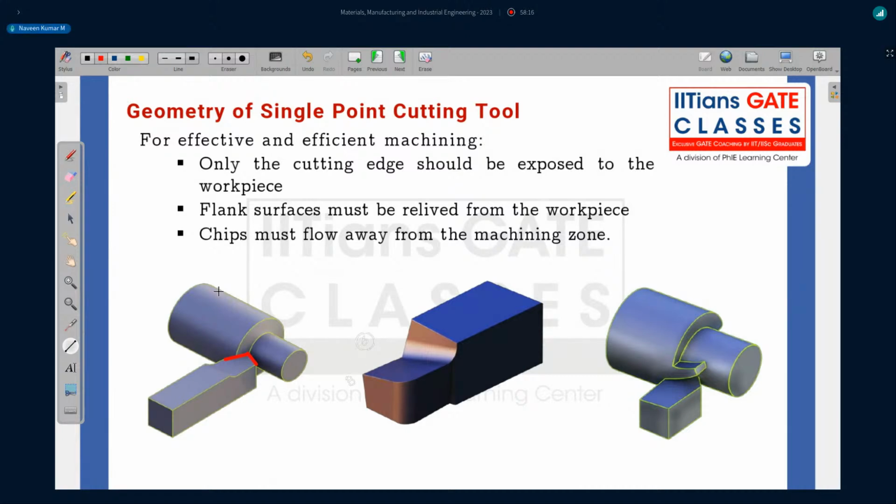If you see for these, you will be having some kind of depth also here, some kind of depth here.